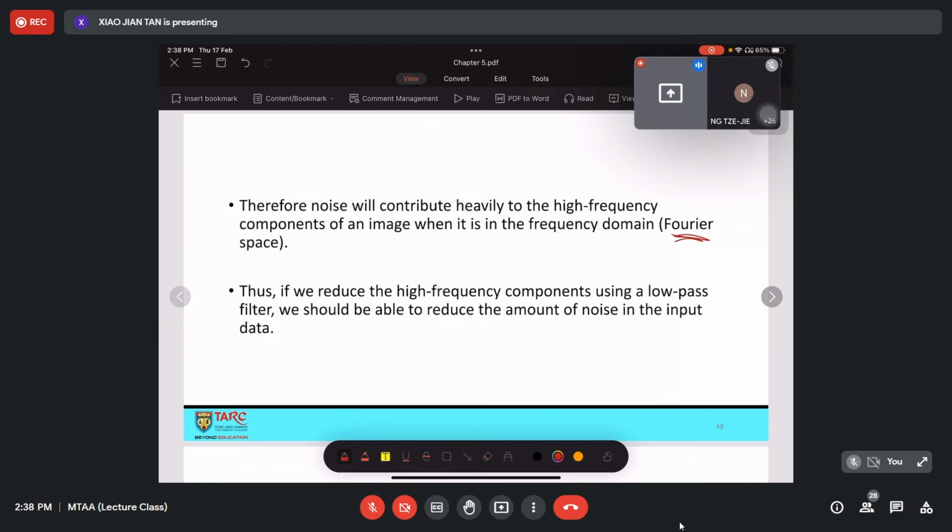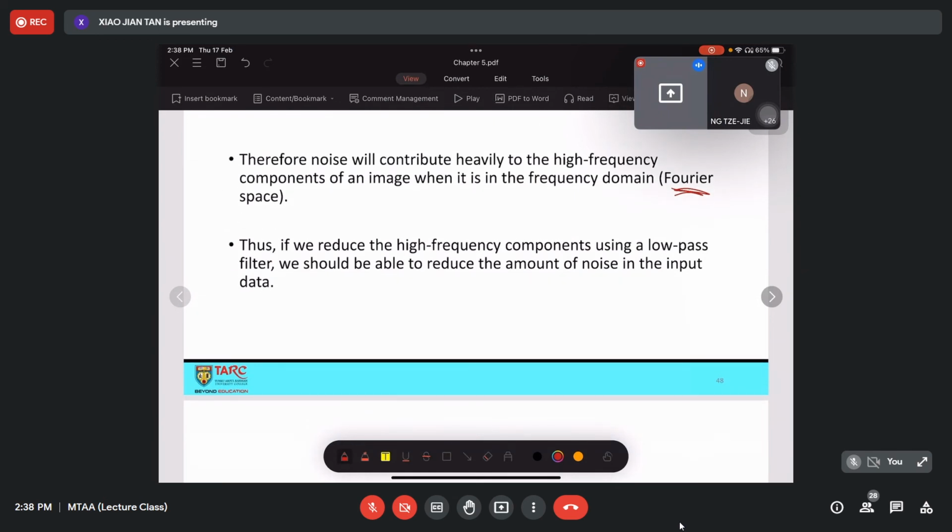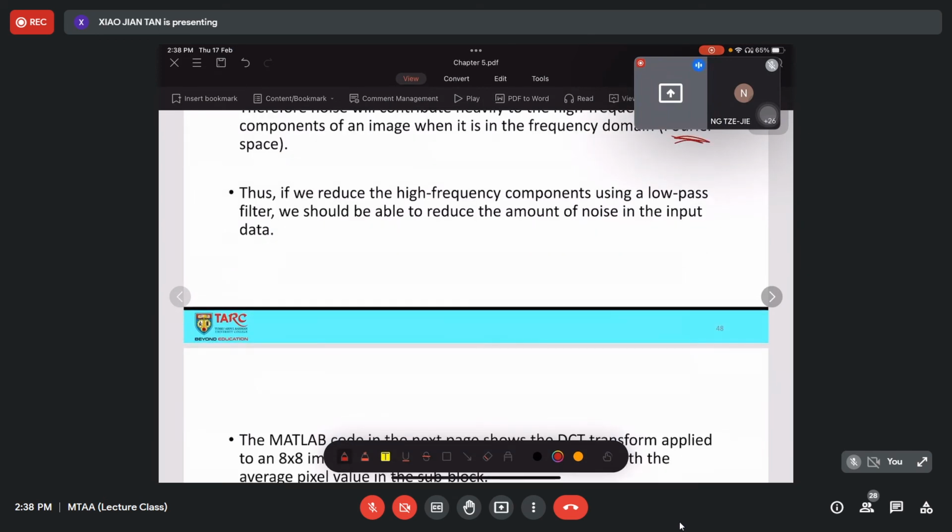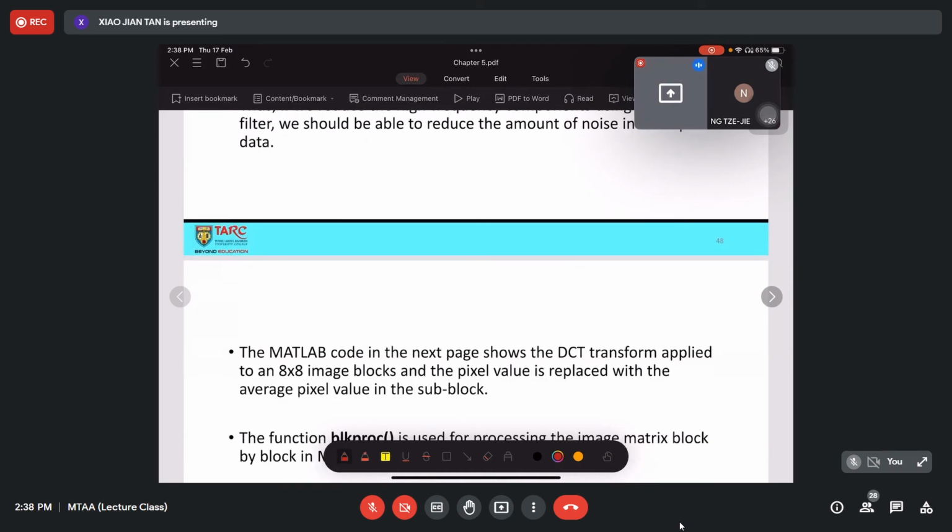For this kind of image, you can convert to the Fourier transform, I mean the frequency domain, then remove the high frequency information and convert back to the spatial domain. You will find that the noise is removed nicely. So this is the magic over there. Because we reduce the high frequency component using a low pass filter, we should be able to reduce the amount of noise. Maybe we will not be able to remove all the noise, but most of the noise.